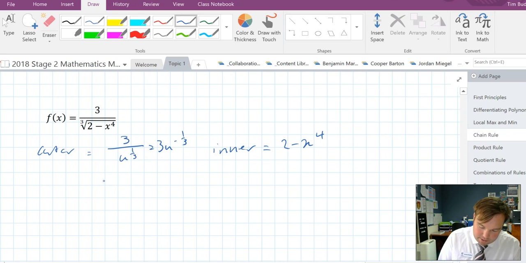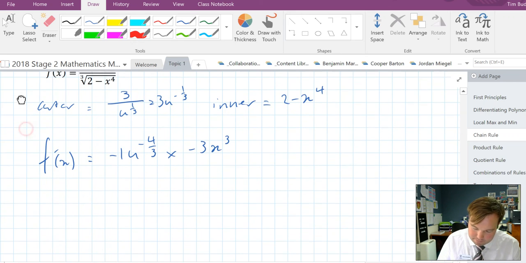If we're going to differentiate, the power drops down 1, power comes down the front, 3 times minus a third is minus 1, u to the minus 4 on 3. And that then is multiplied by the derivative of the inner, which is just going to be minus 3x to the 3.